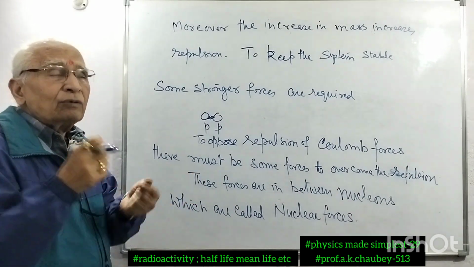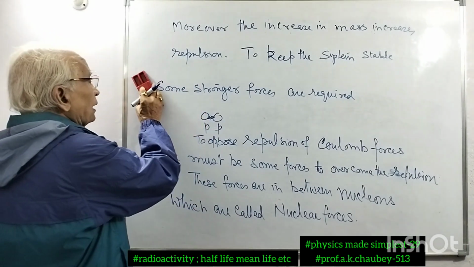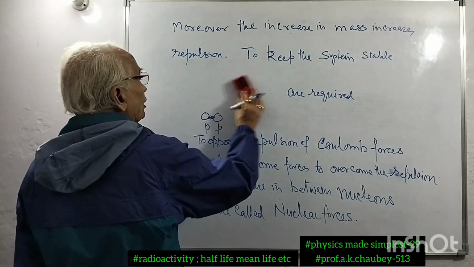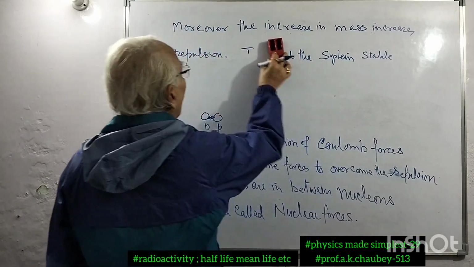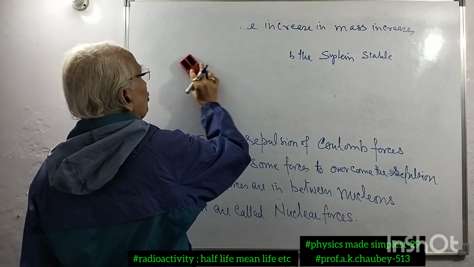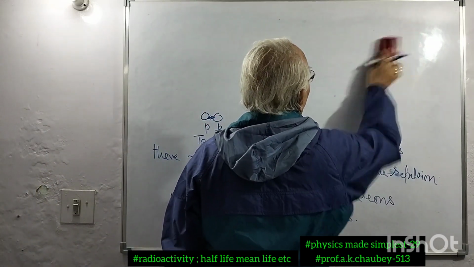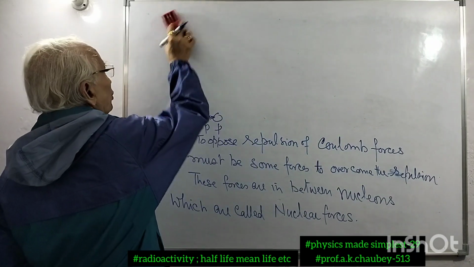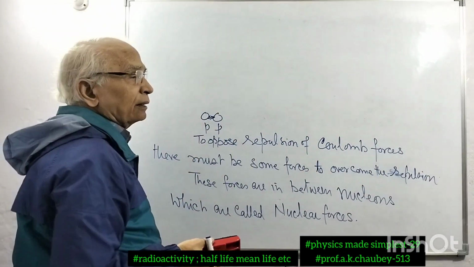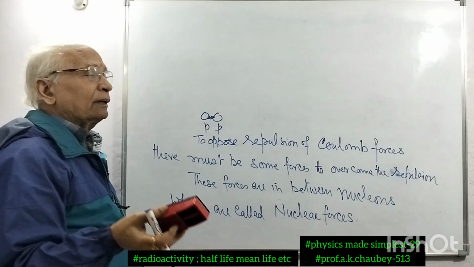They are bound systems, means to oppose the strong repulsion of the proton, first the systems automatically in nature have neutron number increasing and not the proton number. If proton number also increases, the repulsion force will be much more and systems will not be stable.